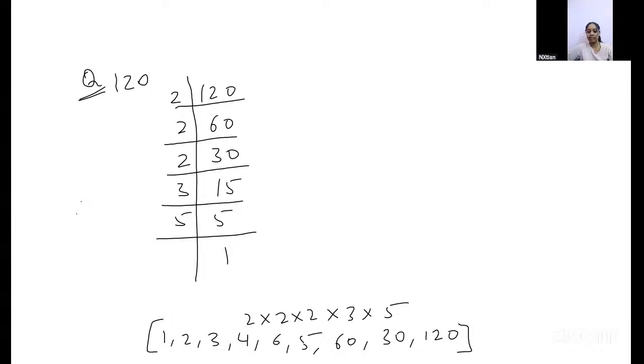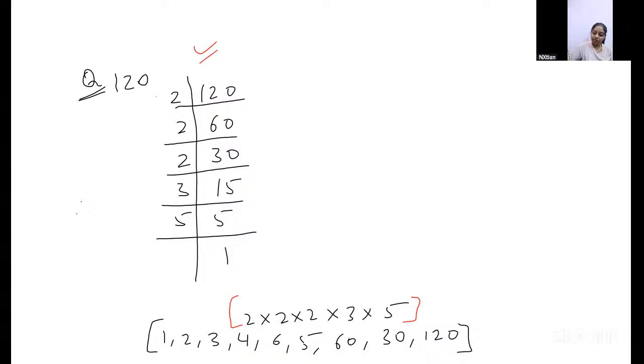See, Nathaniel, what are we doing? When the question says prime factorization, in that case you just have to give this portion: solve like this, and then write 2 into 2 into 2 into 3 into 5. Sometimes it may ask you to find all the factors of 120. At that time, we multiply these 5 among themselves.